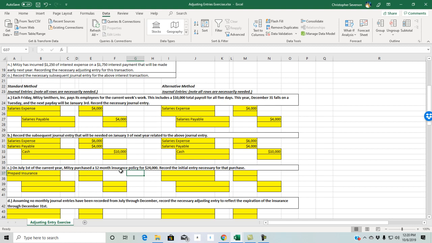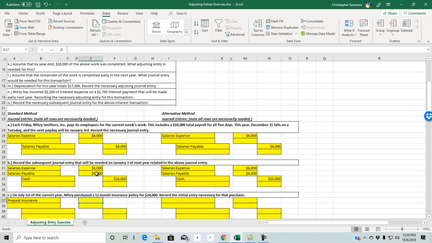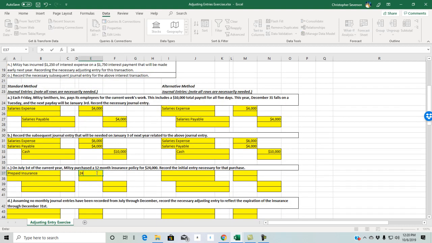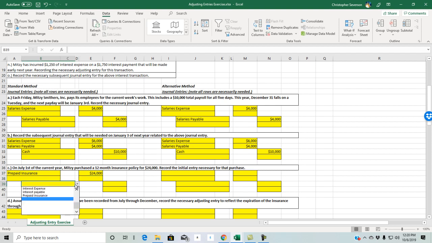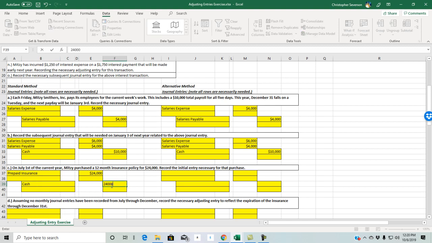So we would debit prepaid insurance to set up this asset. Now, the amount is $24,000 that we purchased. And, of course, we're paying cash in the amount of $24,000. So that's the traditional entry for this.